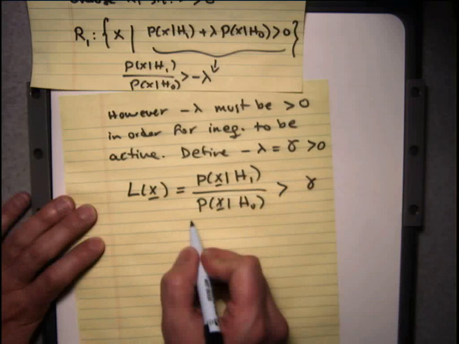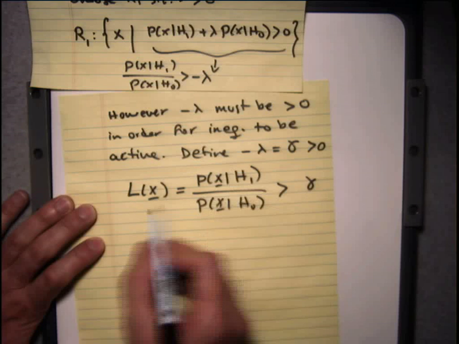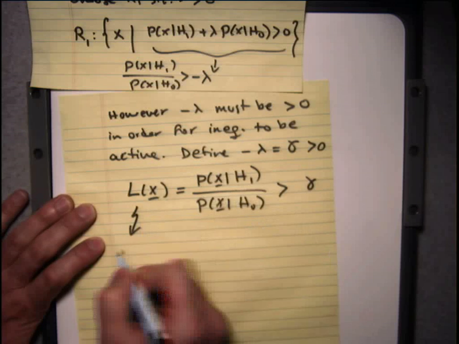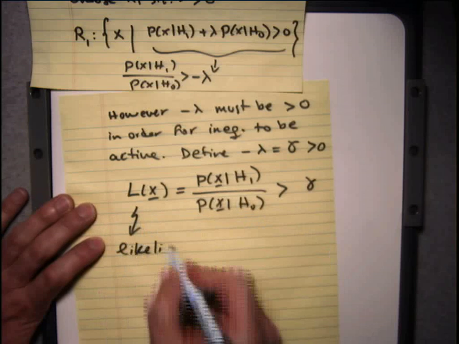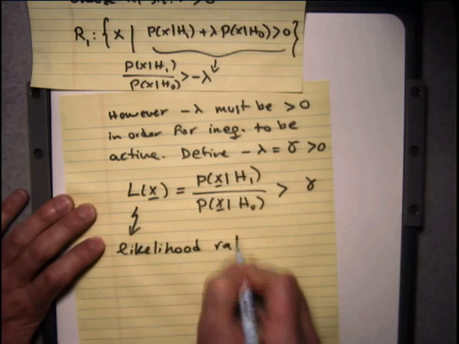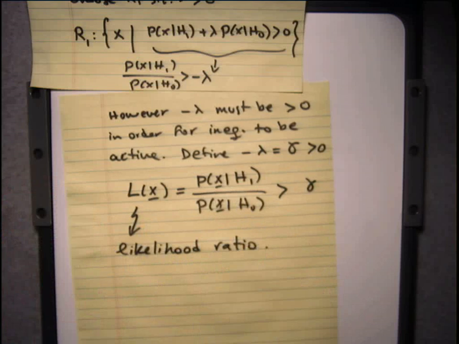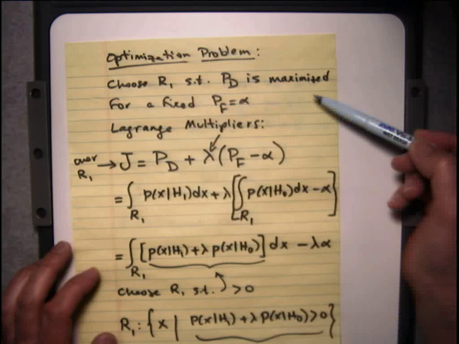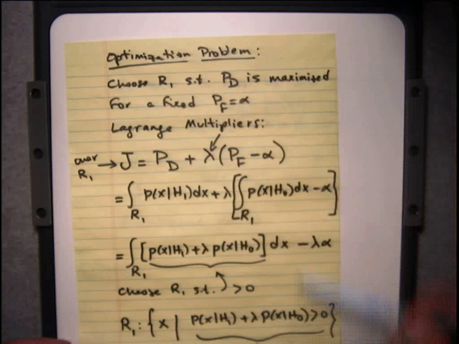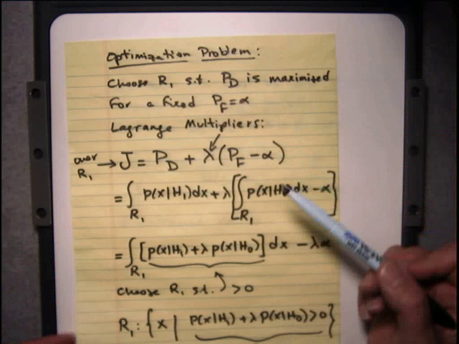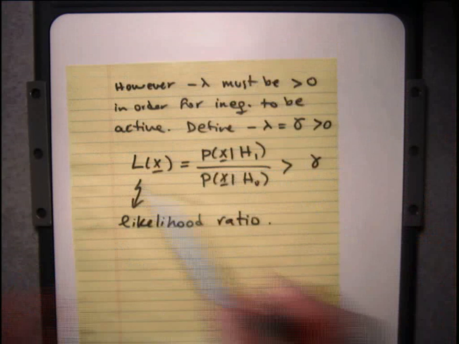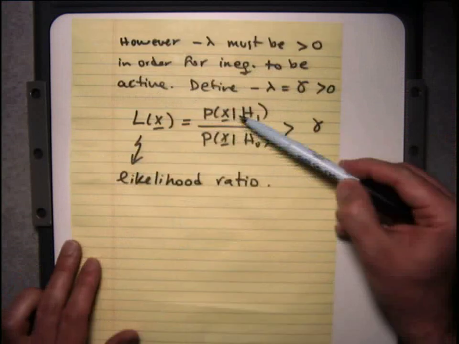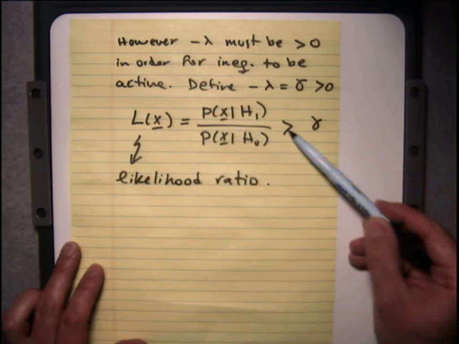This quantity L of x, the ratio of these two, is called the likelihood ratio. So the bottom line is that the Neyman-Pearson test is defined by optimizing this criterion. This shows that the criterion is optimized when L of x, the ratio of the two probability density functions, is compared to a positive threshold.